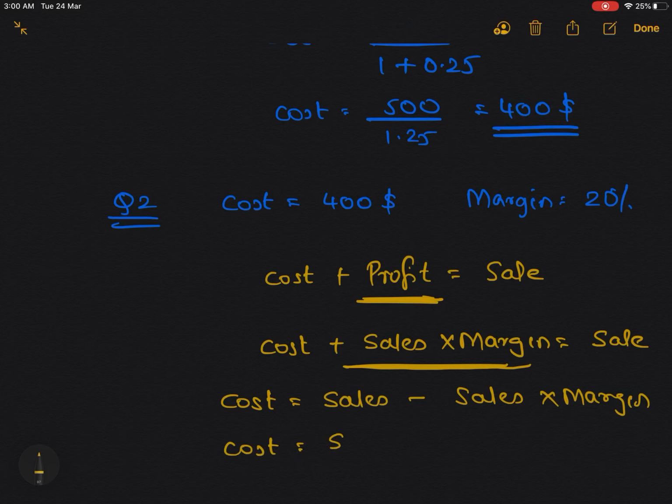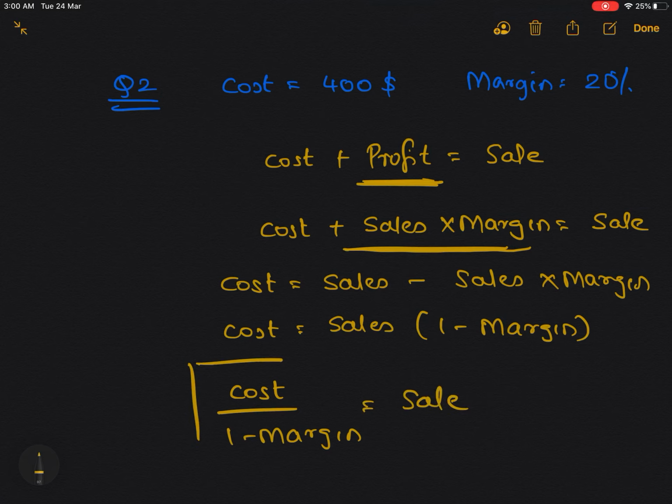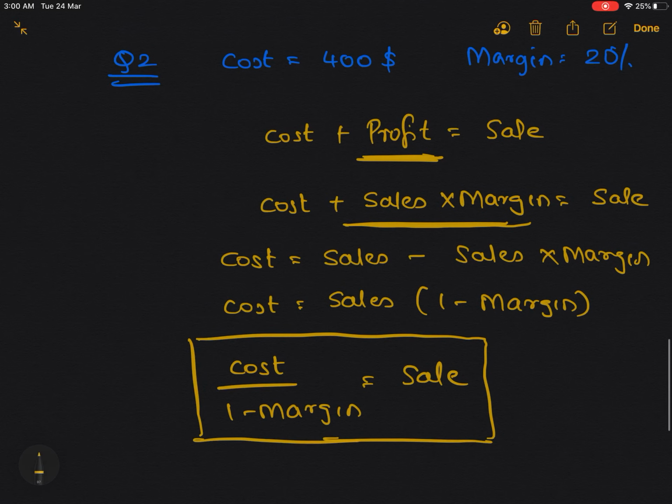Further, you take sales common, 1 minus margin, then cost upon 1 minus margin is equal to sale. So I have derived one more formula over here which says cost upon 1 minus margin is equal to sale.